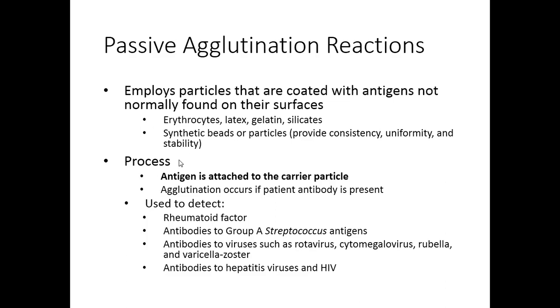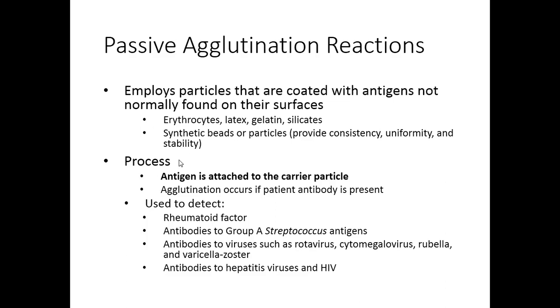One of the reasons that this works so well is that it makes sense that you could attach antigen to an inert particle like a latex bead or a synthetic bead, which, by the way, synthetic beads are preferable because of their consistency, size, stability, and the number of antigens that can be attached to them.